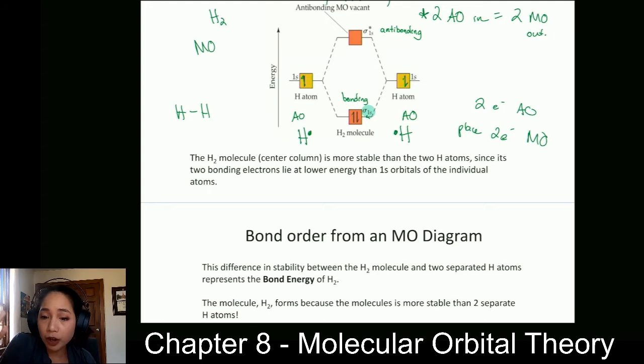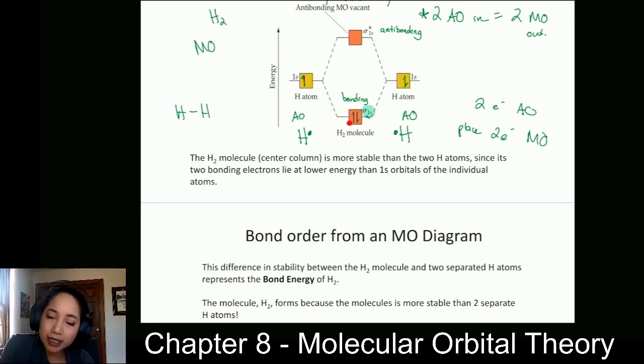So following Aufbau's principle, we need to occupy this lowest orbital first. What this also tells us is that a diatomic hydrogen molecule is more stable than hydrogen atoms with one unpaired electron floating around.